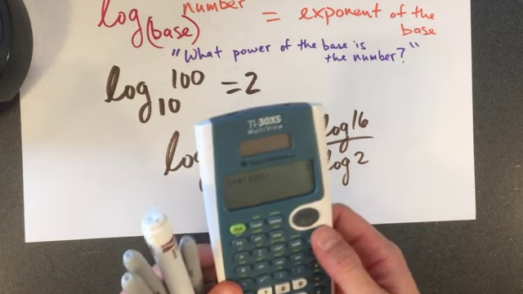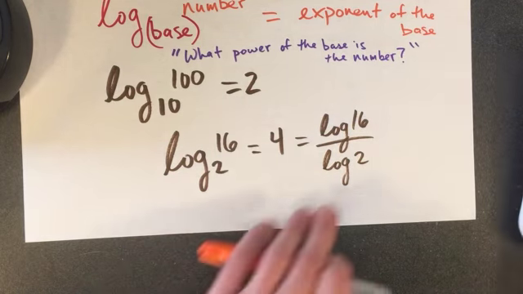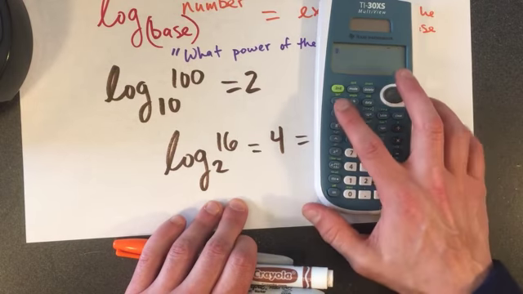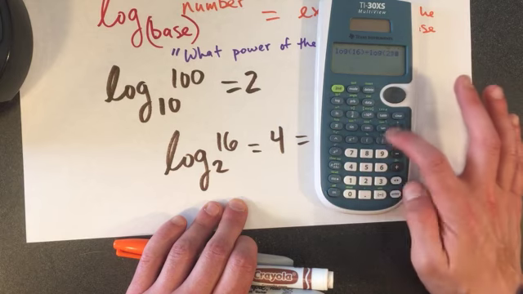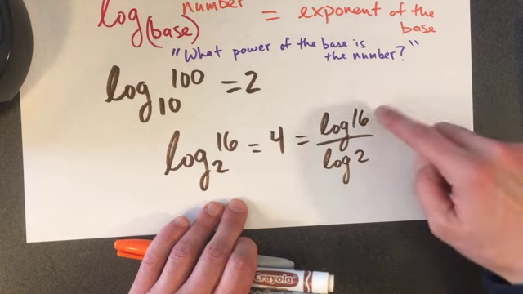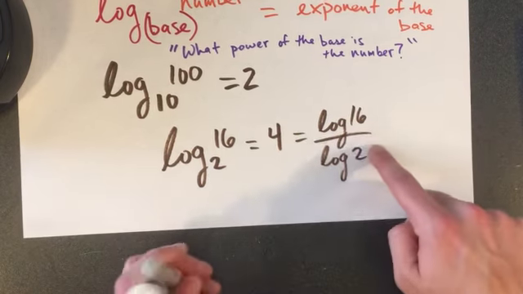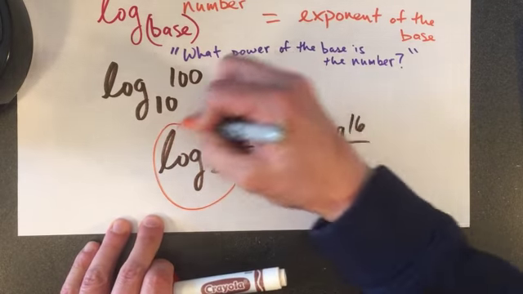Let me see if that produces. That's how I can change my base, I believe. If not, you get to ignore this part of the video. Yeah, no, that works. So how can you change the base in your calculator? You can change the base this way.